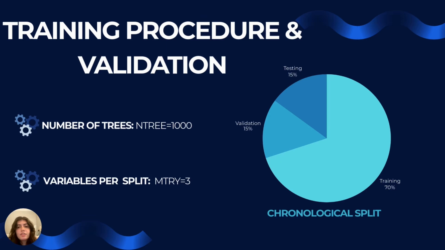And the second thing is we set the variables per split to three. This forces the model to consider a wider variety of predictors for each step rather than relying too heavily on just one dominant factor like customer count.